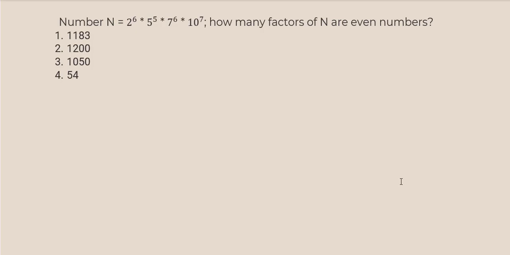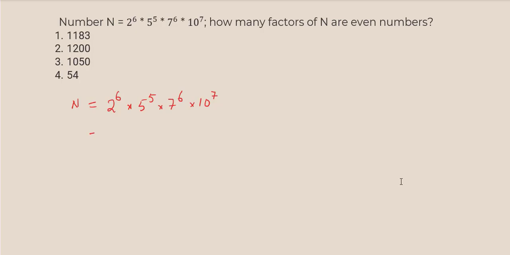Okay, so let's write it down. N is 2 to the power 6 multiplied by 5 to the power 5, 7 to the power 6 and multiplied by 10 to the power 7. So see, 10 is a composite number. It can actually be represented in the form of prime numbers 2 and 5.